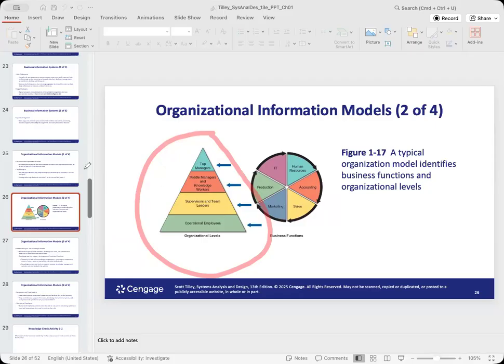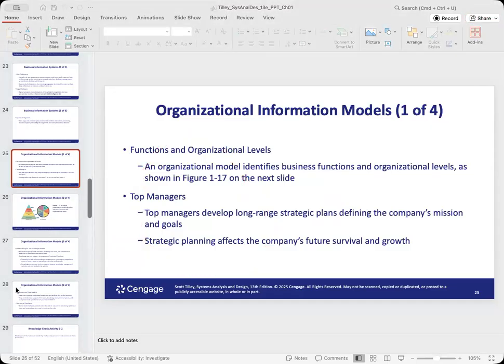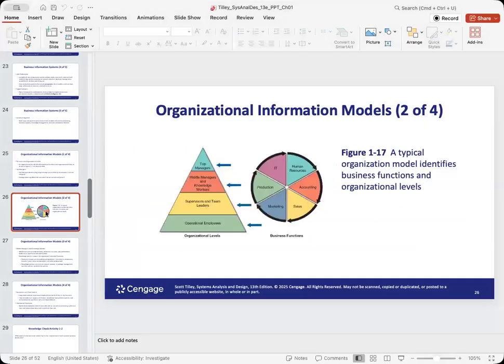Now, these fall under functions. Oh, let me clear the screen. Now, the diagram I showed you here falls under what?